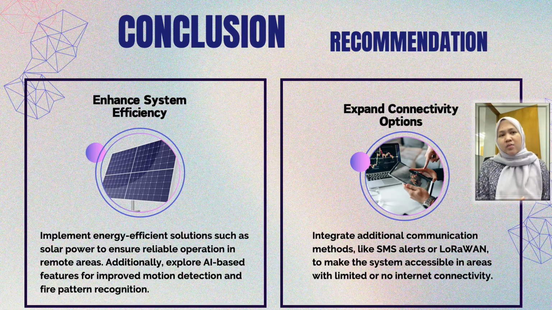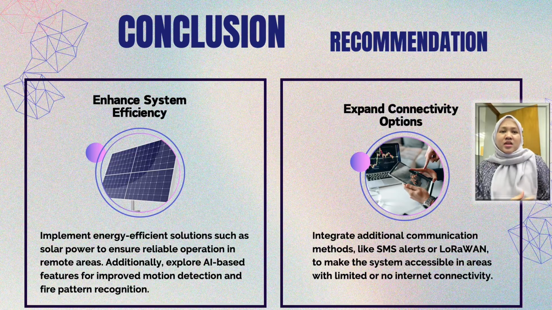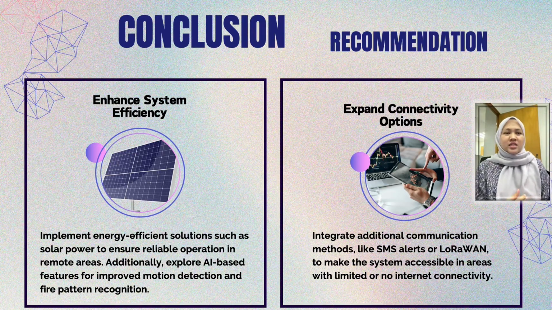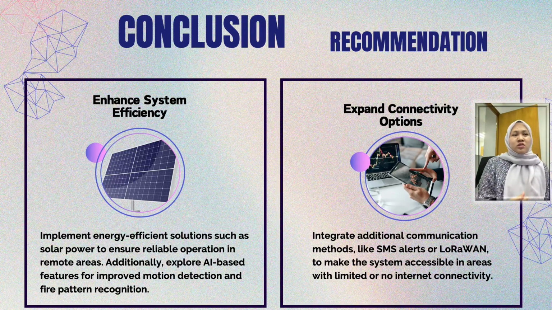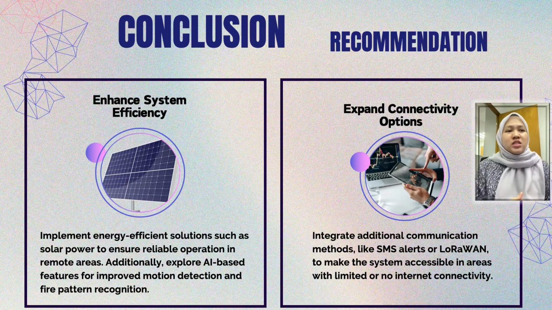By integrating a PIR infrared sensor, we provide accurate motion detection to prevent animal trespassing, and the smoke sensor enables early detection of fire hazards, ensuring the safety of the farmhouse.